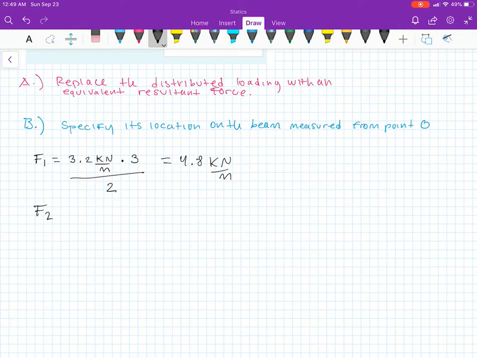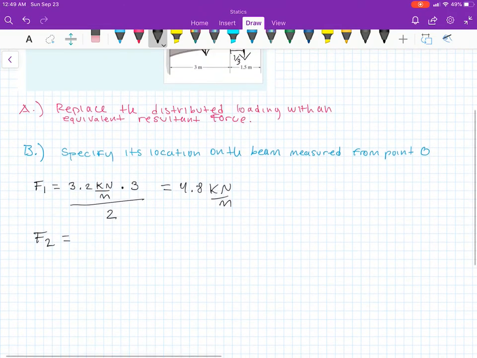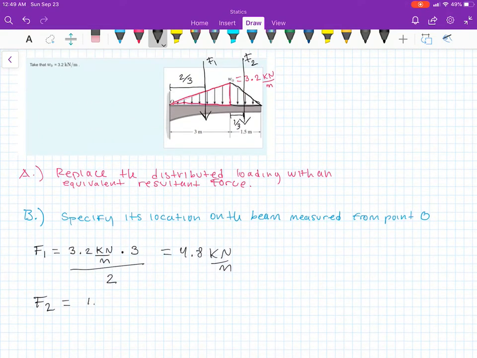For F2, we should get 1.5 times 3.2 over 2, which gives us 2.4 kilonewton.